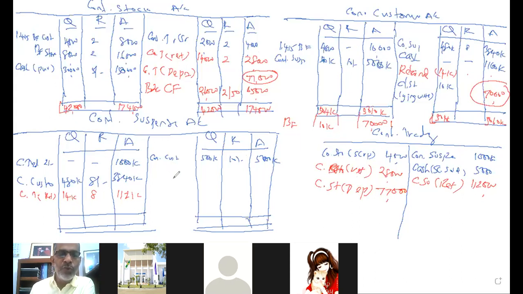Now we have to move to the suspense account, 505 million. Here also 505 million. Now we have to find out, look at here, how much is the gap? 500 minus 480 minus 14.